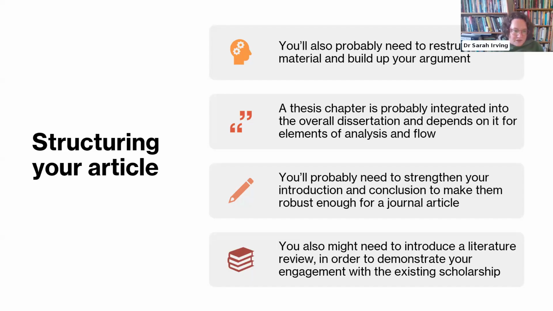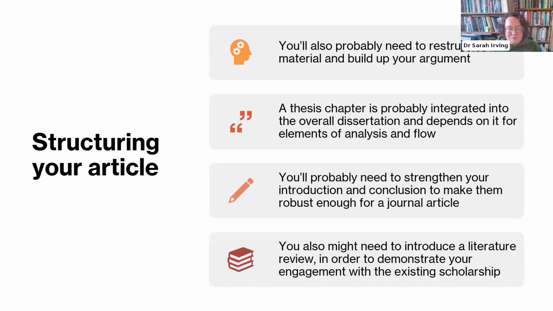And you may well also need to introduce some discussion of the literature that you are addressing in your article, because again, in a thesis, you're probably going to have had a whole literature review section that justifies the point of your thesis, that locates it in relation to the existing scholarly literature, that talks about what is in the existing scholarly literature and where the gap is that you're addressing.